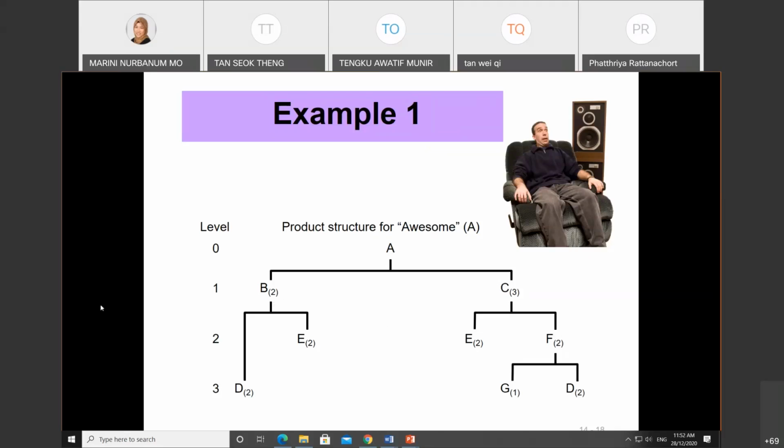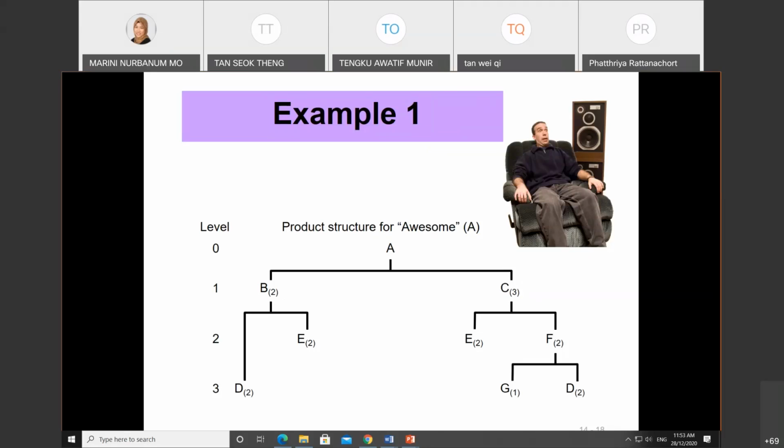B, 2 times 40 is 80. Then C, 3 times 40 is 120. So B, 40 times 2, 80. C, 40 times 3, 120.